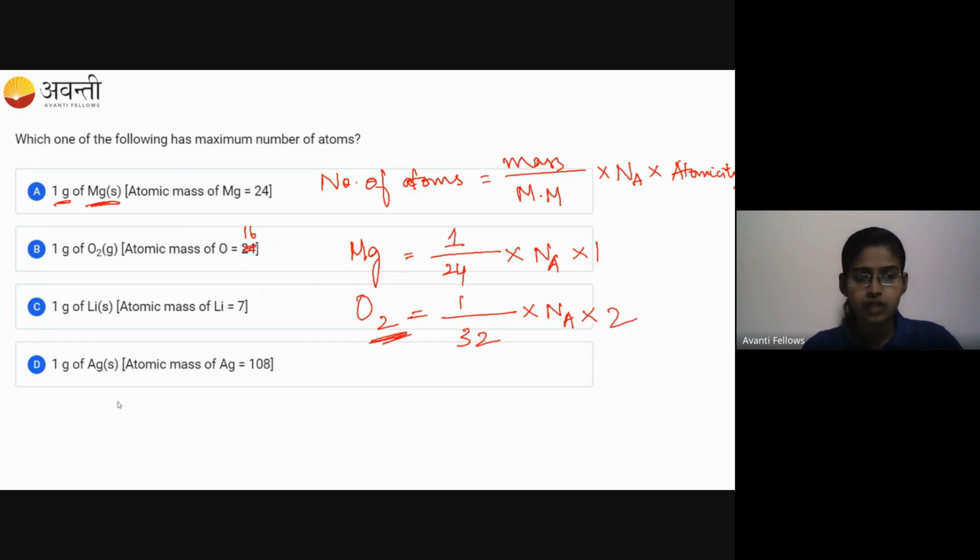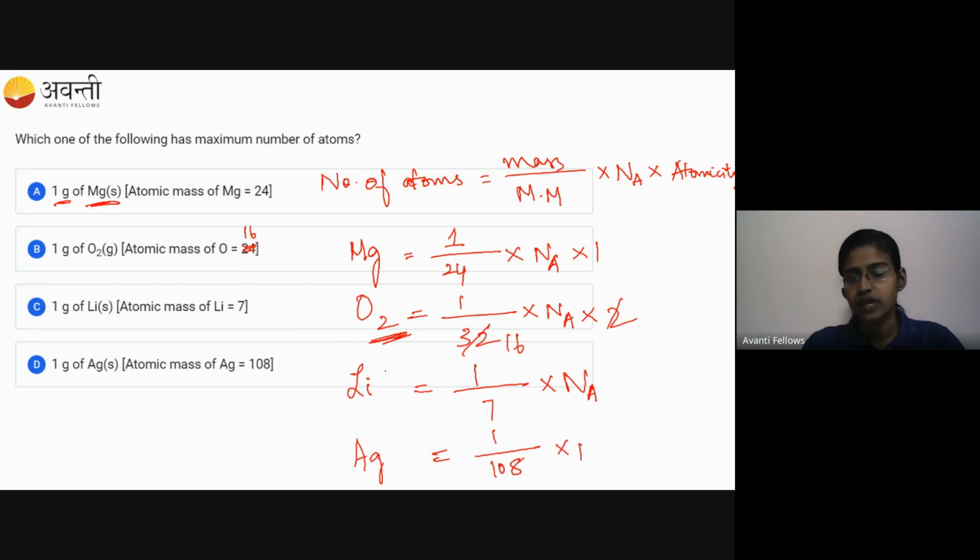Now coming to lithium, it will be 1 by the atomic mass of lithium, which is 7, into Avogadro number. Coming to silver, it is 1 by 108 into Avogadro number. Now, the component which is having the least value in the denominator will have the maximum number of atoms.